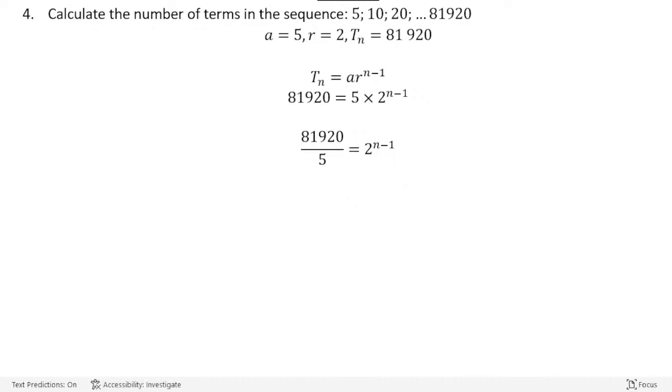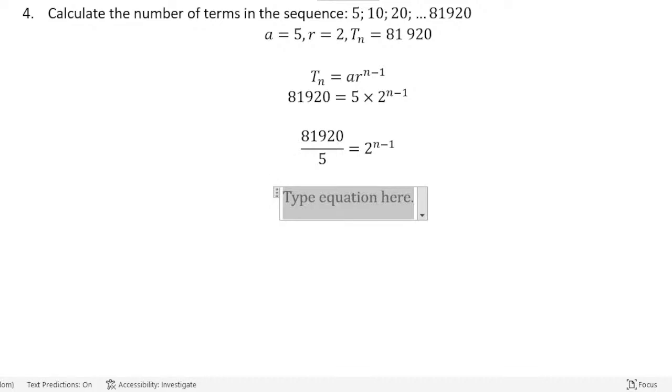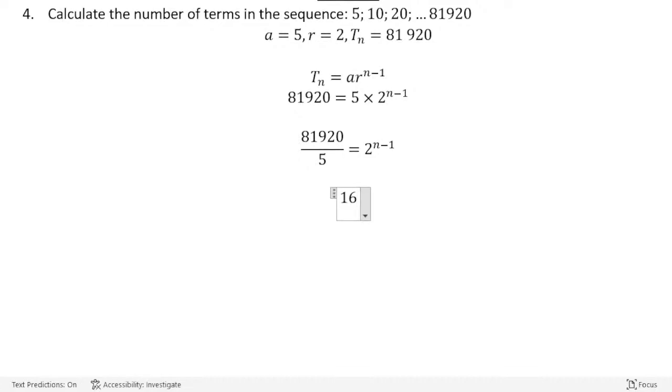Then when you press that in the calculator, 81,920 divided by 5 is 16,384. Then is equal to 2 to the power n minus 1.